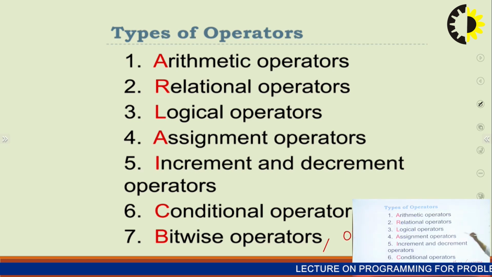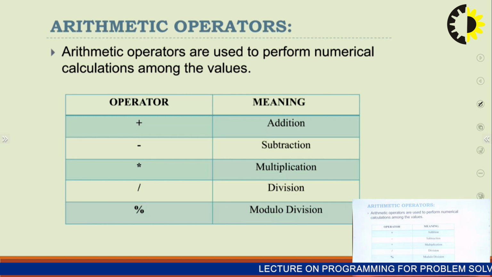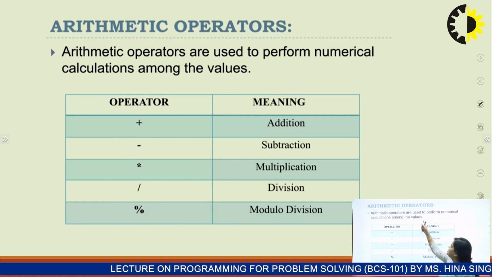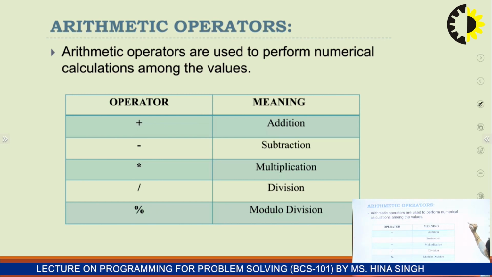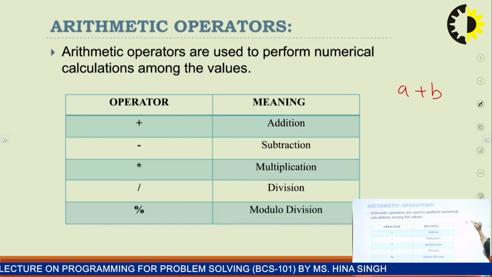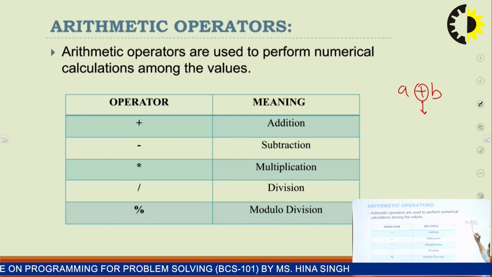Okay, now first understand what is an arithmetic operator. The term arithmetic is already a very usual and well-known term. Arithmetic means arithmetic operations. As I told you, A plus B. What is this? This is an addition.